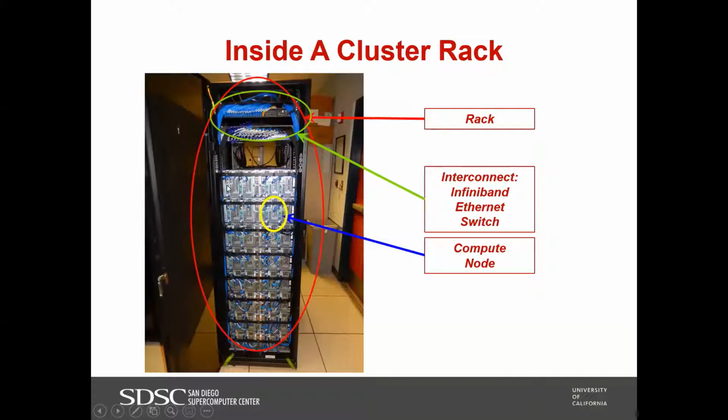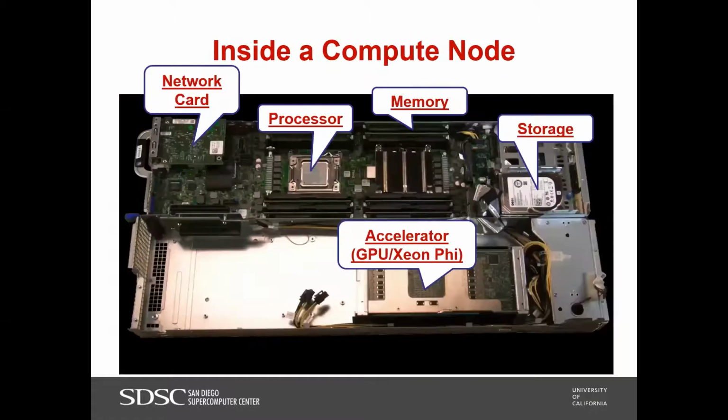There are many rectangular units inside a rack, and each one is actually a node. Each node is connected with either InfiniBand or Ethernet, so they can communicate with each other.